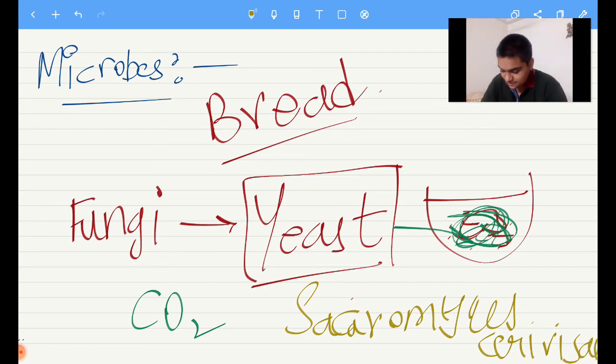Saccharomyces cerevisiae is the scientific name of yeast, which is used in the preparation of bread as well as beer. The yeast which is used in preparation of bread is, in common terminology, called baker's yeast, and the yeast which is used in the preparation of beer is called brewer's yeast.